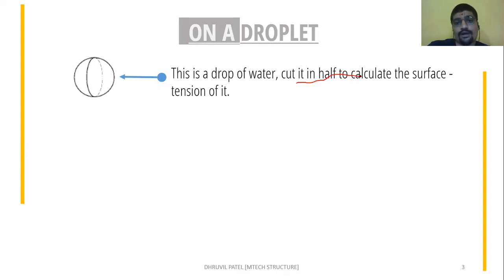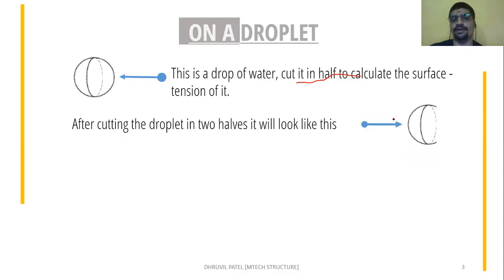Why? Because it occurs on the surface, and internal pressure also occurs due to surface tension. So if we cut it into half, the droplet will look like this. After cutting the droplet into halves, hide these two, and the droplet will look like this.